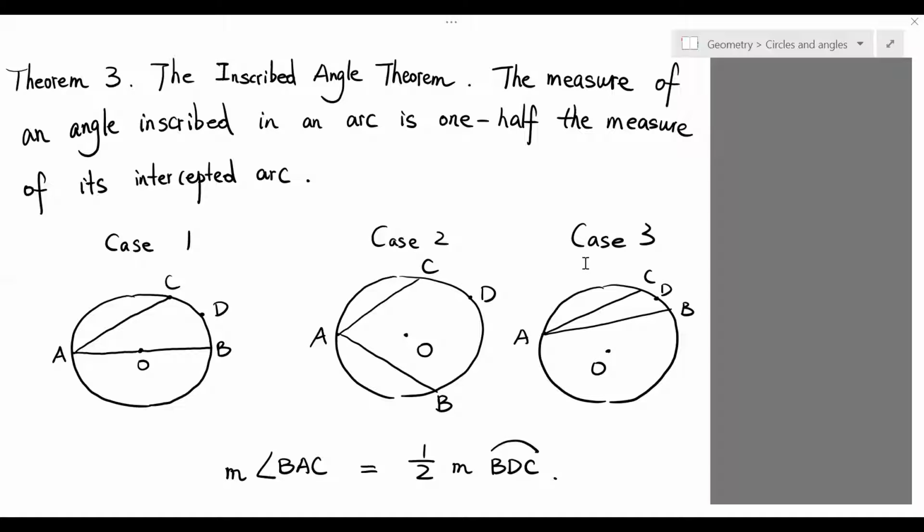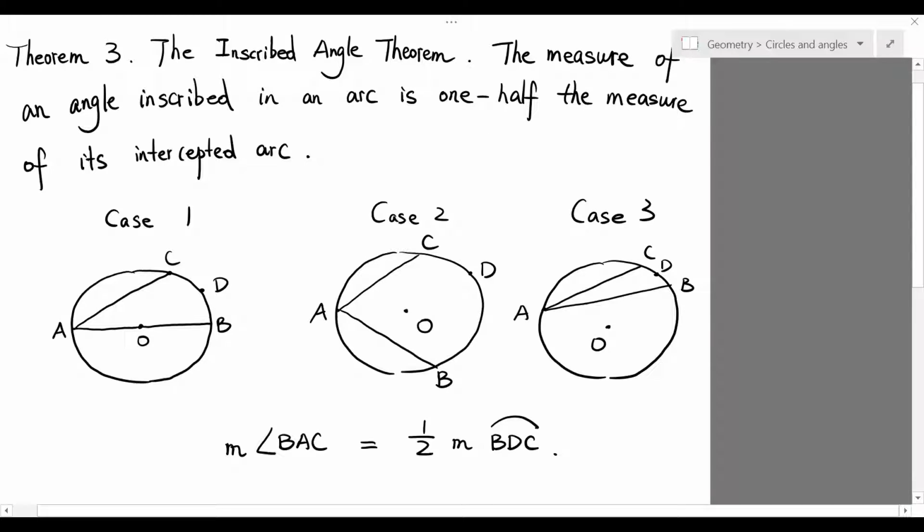As we can see, what we are trying to show is that in all these 3 cases, the measure of the angle BAC is equal to 1/2 of the measure of the arc BDC.